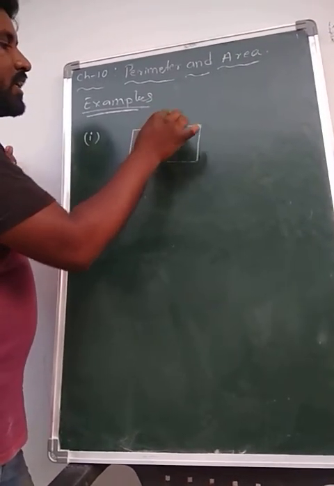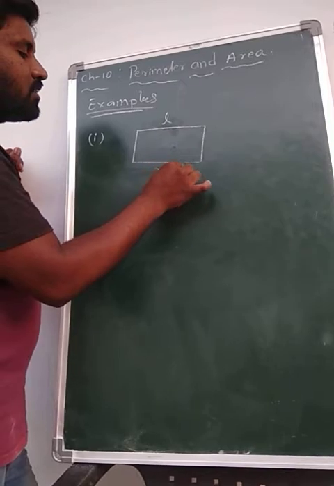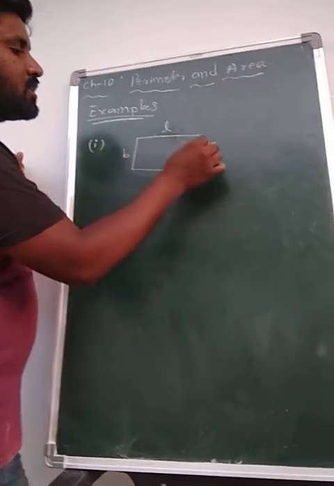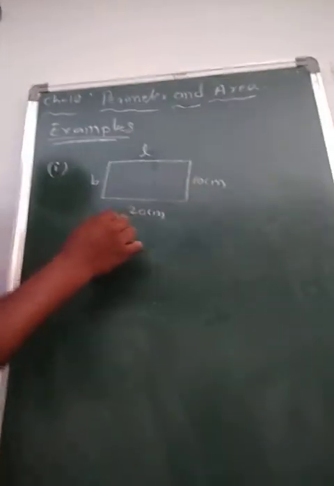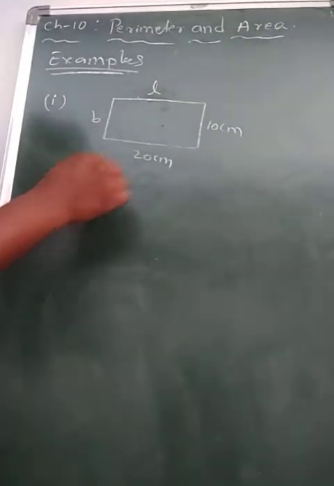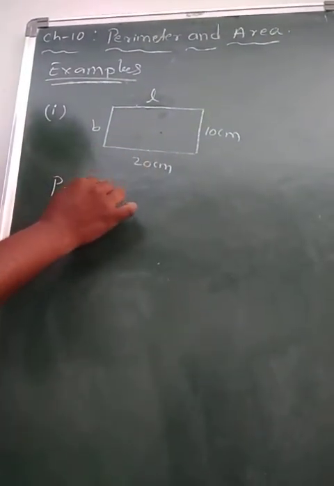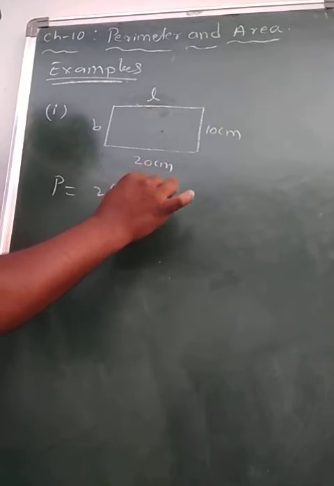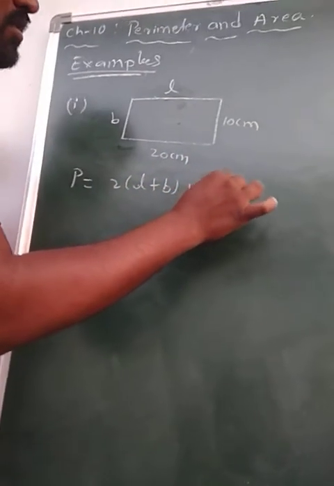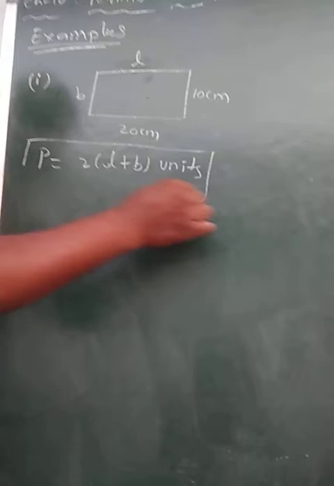The length of the rectangle is given as 20 centimeter and the breadth is 10 centimeter. Then what is its perimeter? We know the perimeter of a rectangle is 2 of L plus B units. Okay, this is the formula.